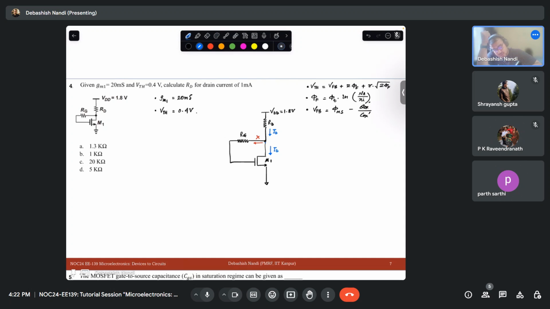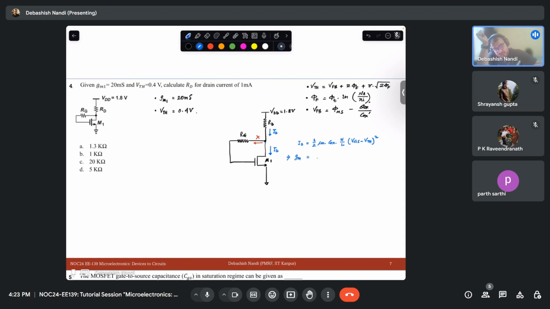So now your ID is what? Half mu n C ox W over L times VGS minus VTH whole square, if you ignore lambda, the channel length modulation. So what is your GM?